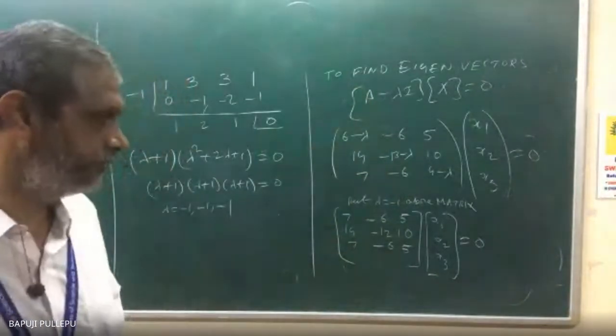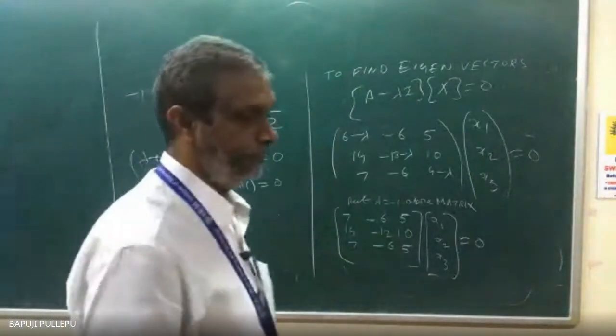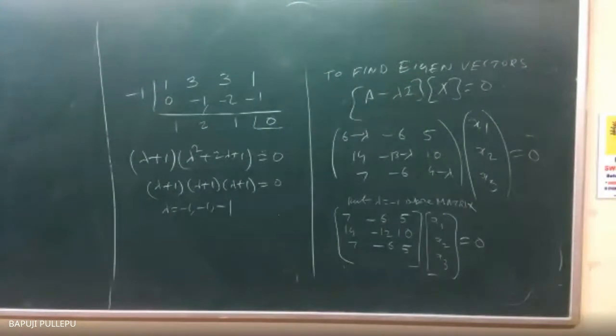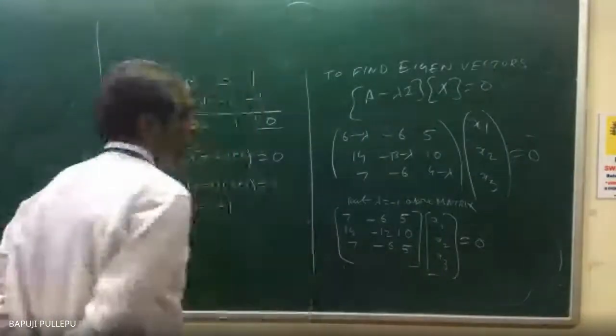What is my equation? Tell me. 7x1 minus 6x2 plus 5x3.